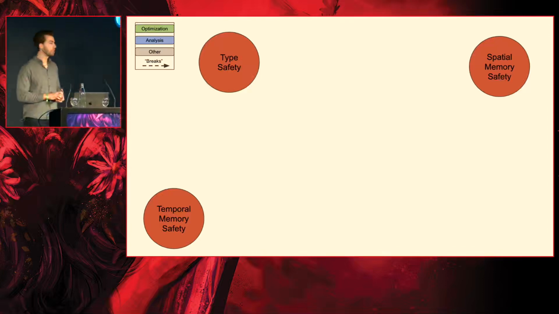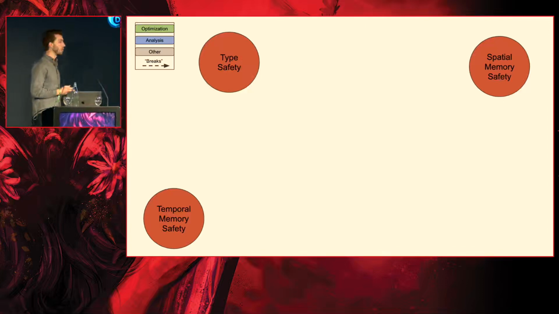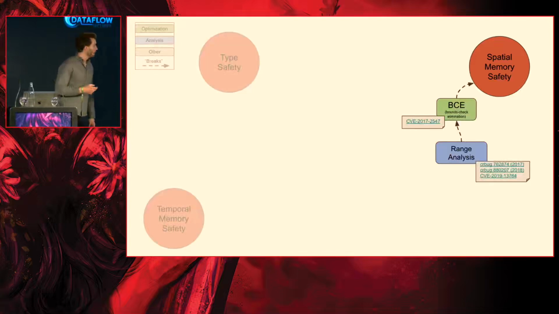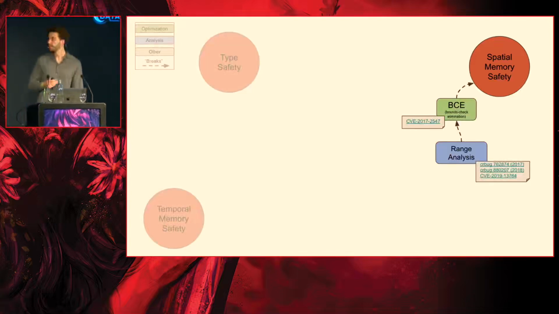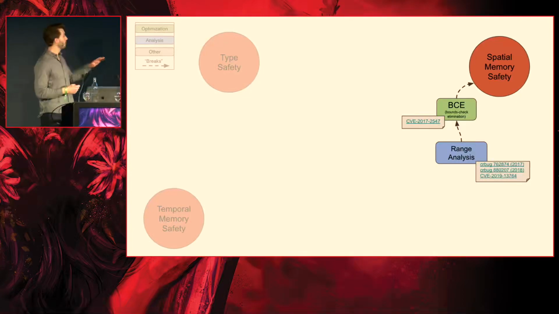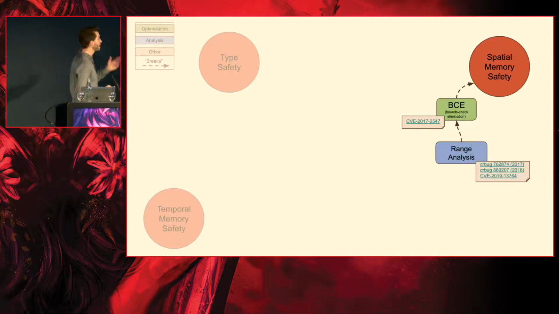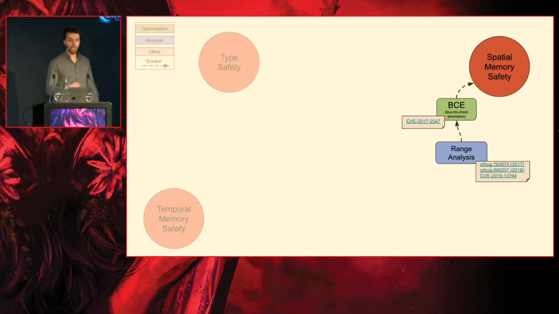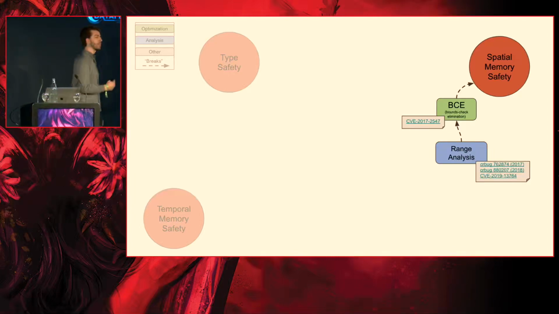And temporal memory safety, well, if you're using an object after it has been freed, then you have a temporal memory safety violation. And so the way to read this is there are optimizations and analysis passes. They have different colors. And an arrow here just means one breaks the other, okay?